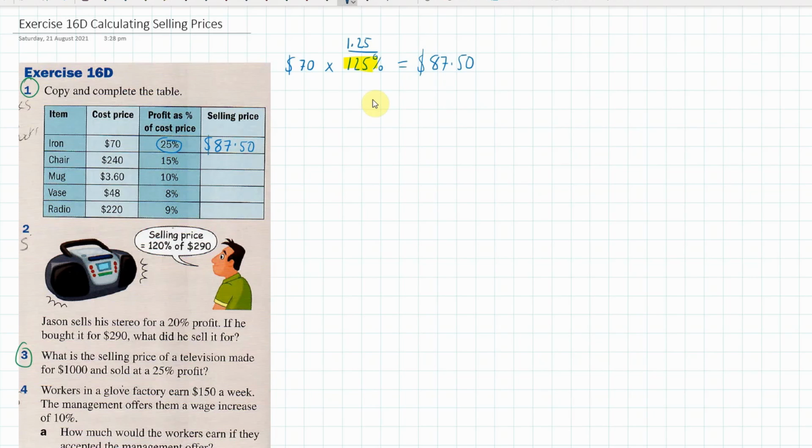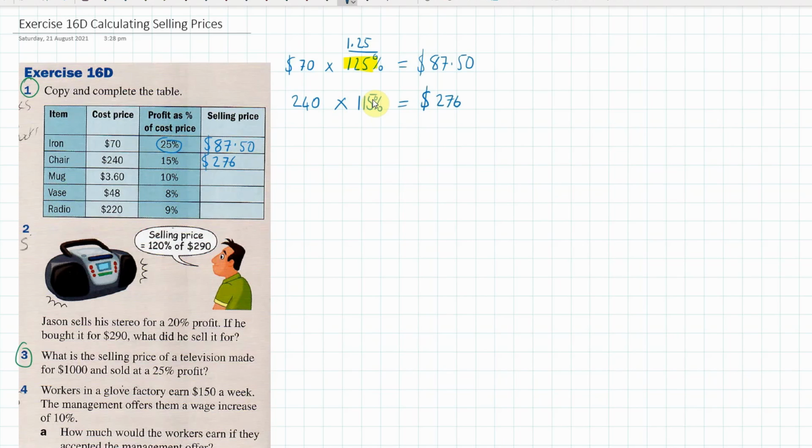In the second one, I'm going to take my chair's initial price of $240 and then I'm going to multiply it by 115%, or 1.15. And I'm getting $276. So I'll chuck that in there, 276.